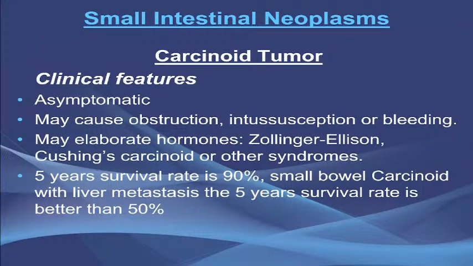Clinical features of carcinoid tumors: they may be totally asymptomatic, or they may cause obstruction, intussusception, bleeding with chronic anemia, or anemia of chronic blood loss. If they are secretory, they may be associated with carcinoid and other syndromes. The 5-year survival rate is pretty high, 90%, but if there are liver metastases, this may drop to 50%. So it's really dependent on the stage of the disease.